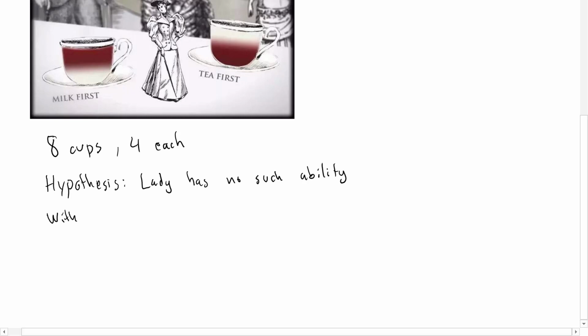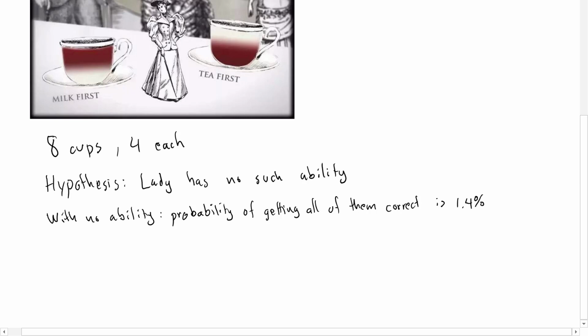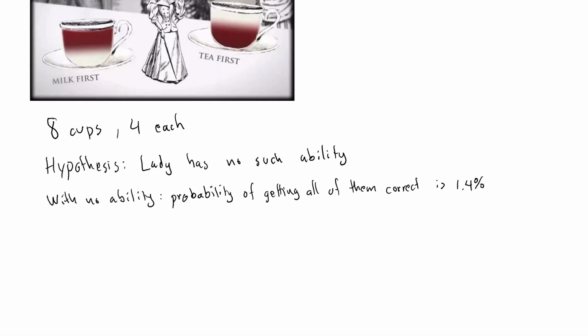So with absolutely no ability of selecting, that is just by randomly selecting 4 cups, the probability that you will get all of them right is actually 1.4%, or 1 out of 70. There is a Wikipedia article which describes precisely how to get to this number, as well as many other discussions of this lady tasting tea experiment.